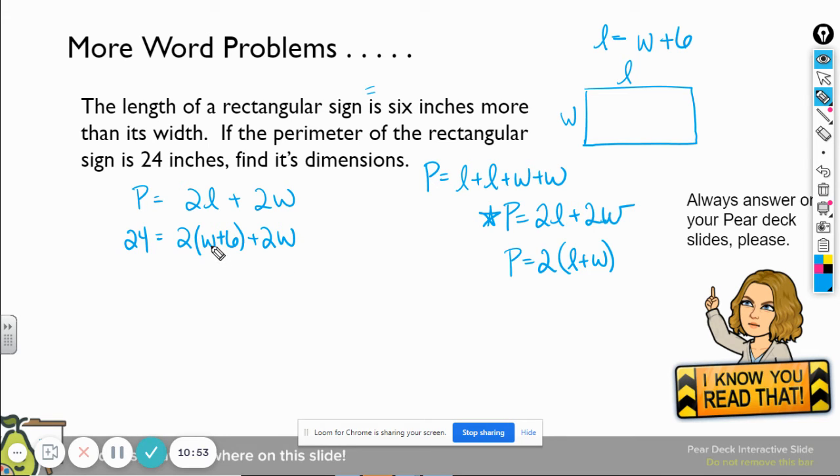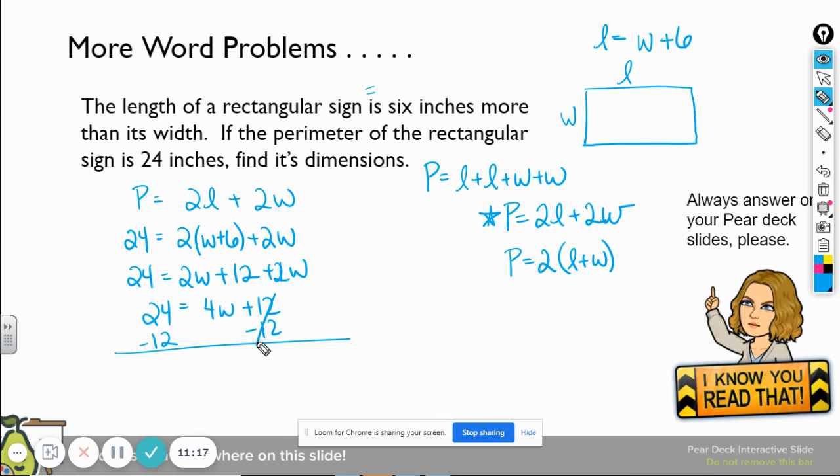Now I only have one variable to solve for, so I know how to do that math. Okay. 24 is equal to 2W plus 12 plus 2W. Combine your like terms. Subtract 12. That goes away. That becomes 12 is equal to 4W.